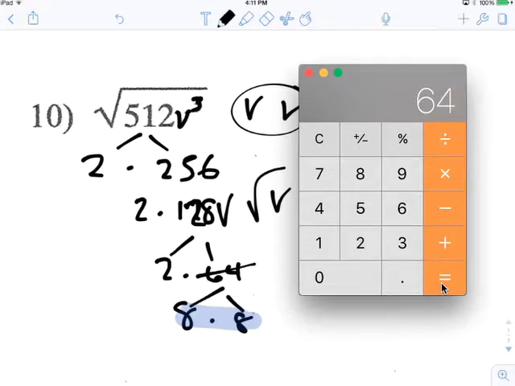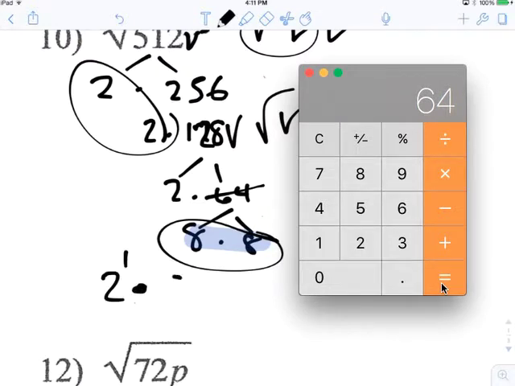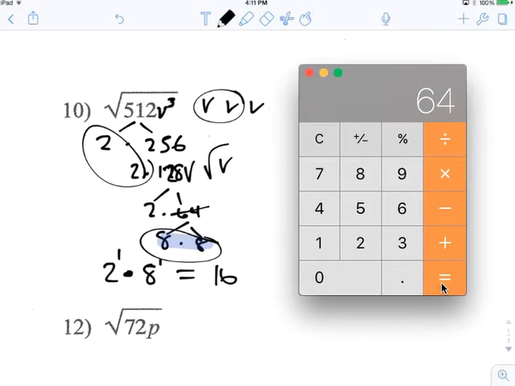So our answer is 2, 2, and 8 to the first times 8 to the first, which is 16. So our answer is the square root, so 16.